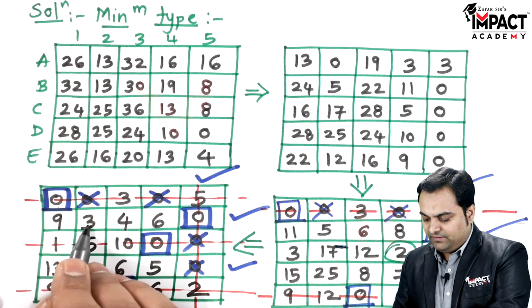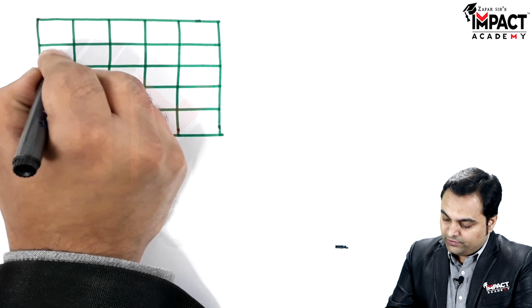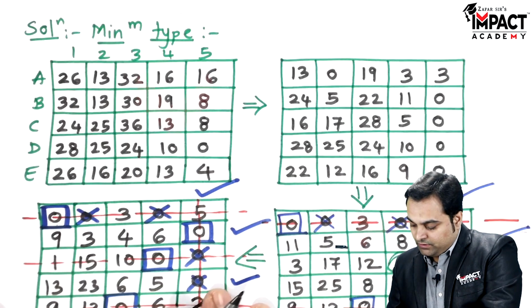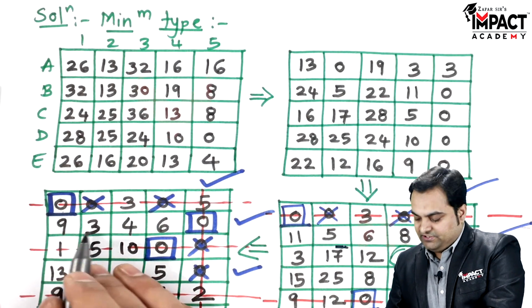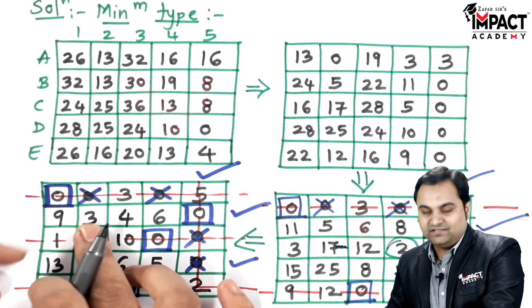Like for example, 9 minus 3, that is 6, right at the same location, that is over here. Then 3 subtracted from itself, that is 0. Next, 4 minus 3, which is 1. 6 minus 4, that is 2.